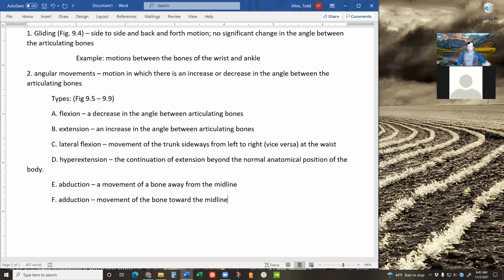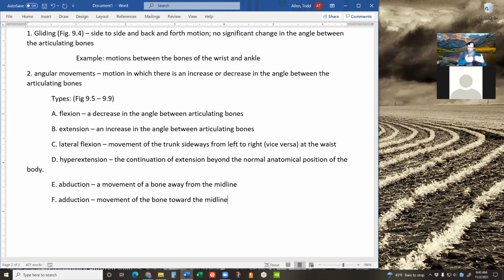The analogy I use with students, which is honestly not a perfect analogy, is the idea of a snow angel. Have you ever made a snow angel when you were a kid, or even if you're a big kid today playing outside when it snows, and you lay down in the snow and move your arms like this to make the wings of the snow angel? That would be abduction and adduction.